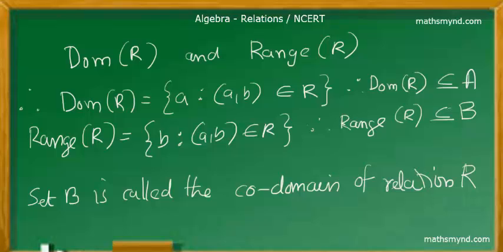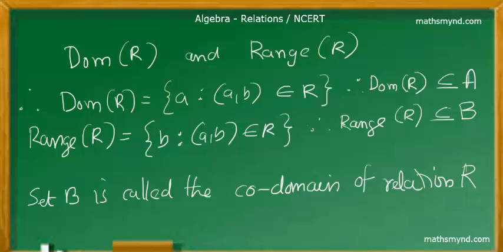Of course, the a should be a part of that ordered pair to be considered as belonging to the domain, and naturally that's the case also with b. And an important point is that the domain would be a subset of A, which simply means that it's not necessary that all the elements of set A should form ordered pairs.